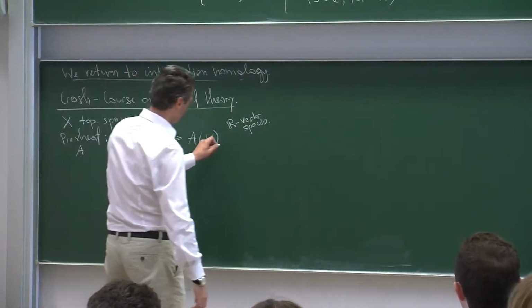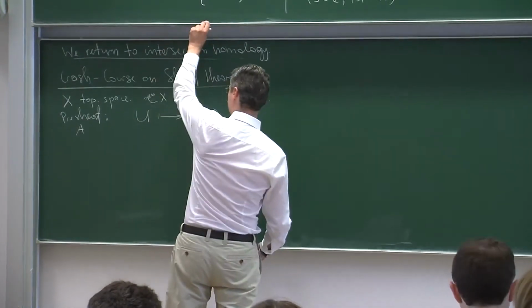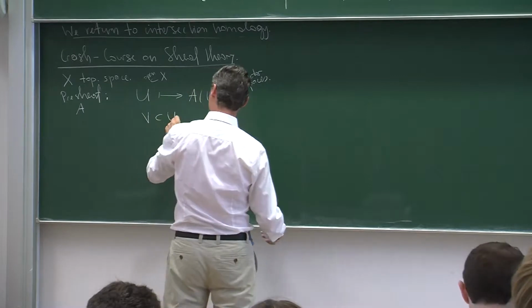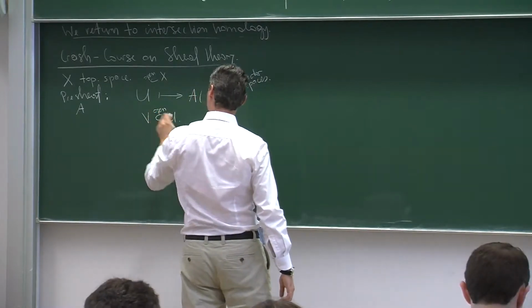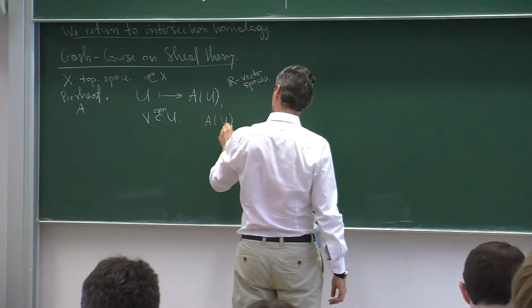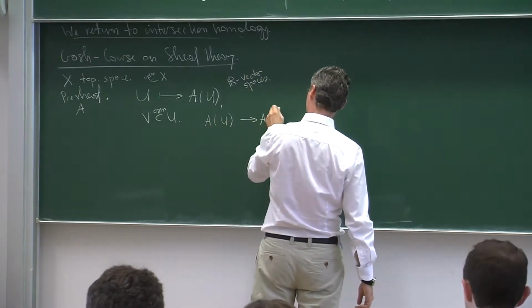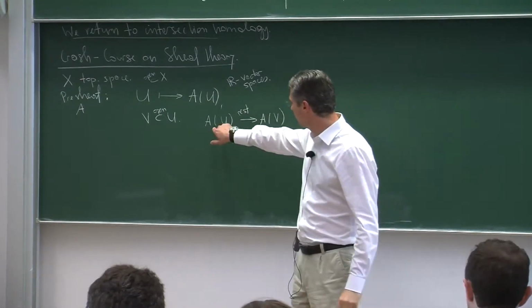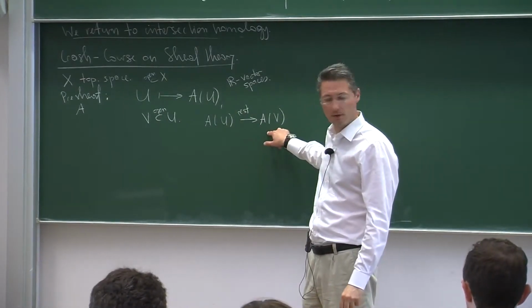Now this assignment should satisfy the following. First of all, if you have a V contained in U, also open, then there is supposed to be the possibility to restrict. So you have restriction maps, and you can restrict down to smaller open subsets.